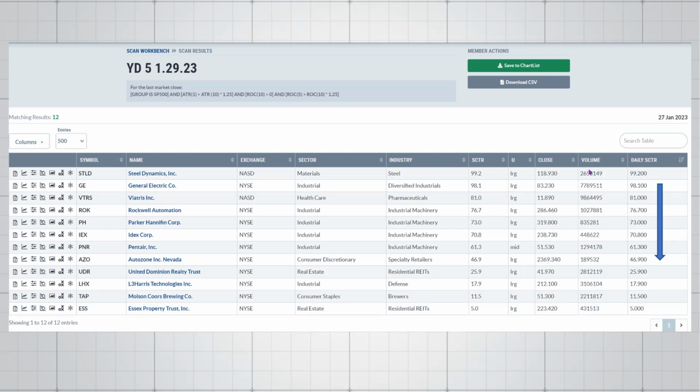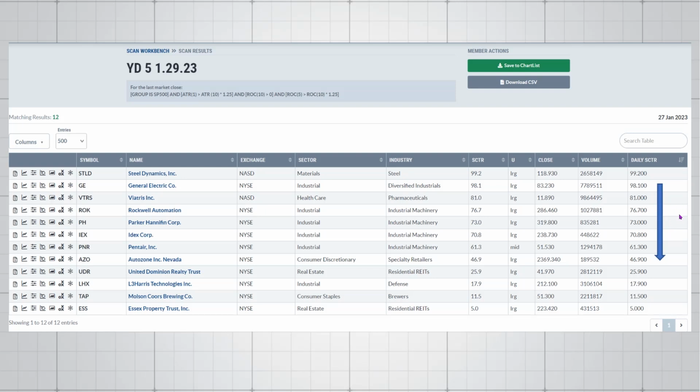Out of 500 potential candidates, there are 12 stocks that meet this criteria, and we're asking that those be ranked according to Scooter, and we do see that the daily Scooter score is in our far right-hand column over here by the downward blue arrow.